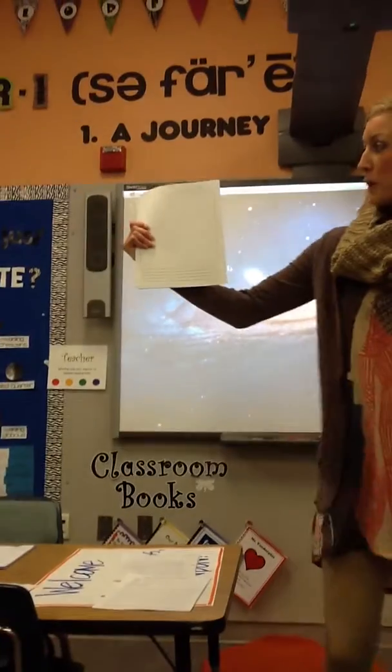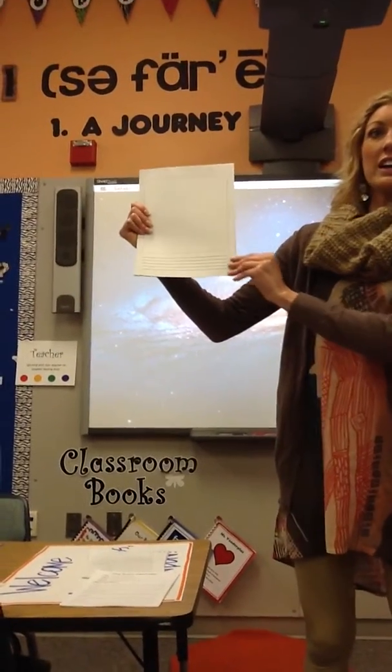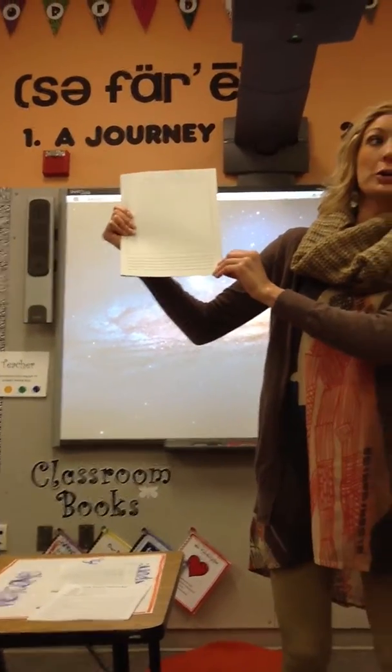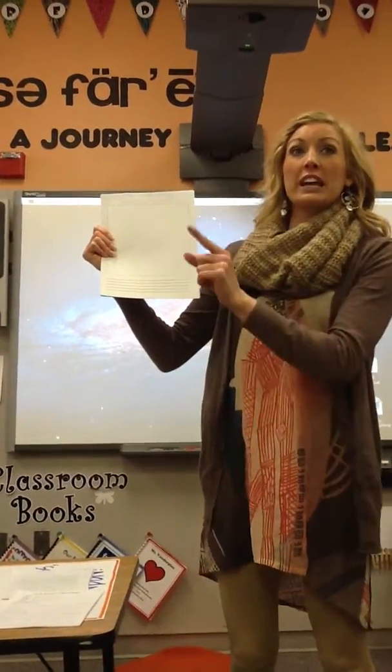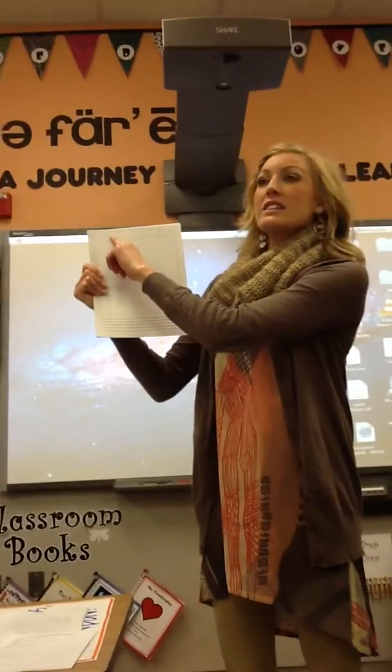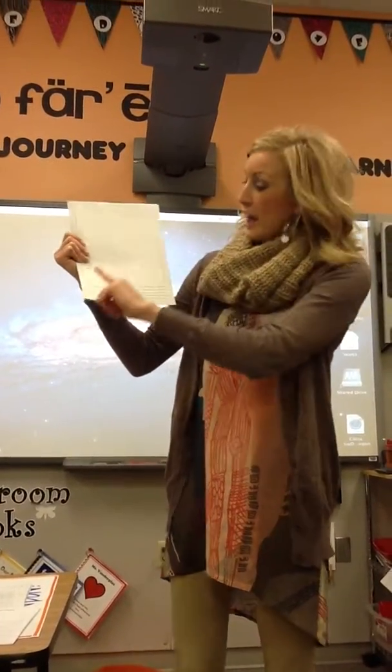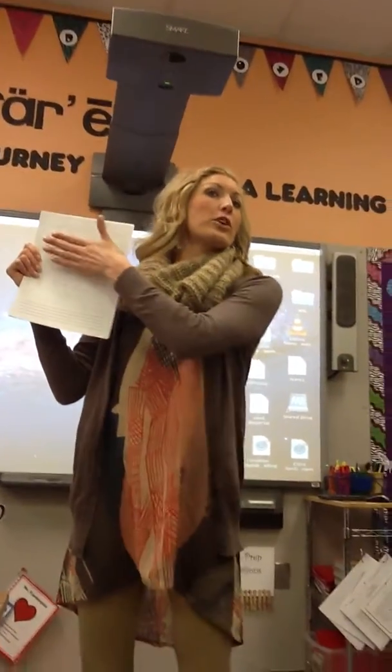Tomorrow, I'm going to give you this page. Okay? This is the front cover to your project. This is where you're going to draw a picture of your planet. You're going to write your planet's name at the top. And then underneath here, you're going to write a caption for your planet.